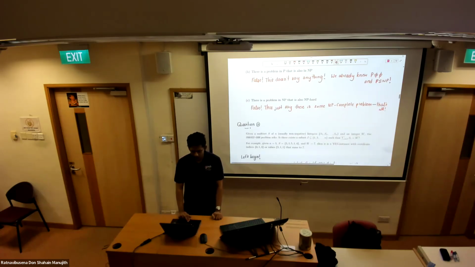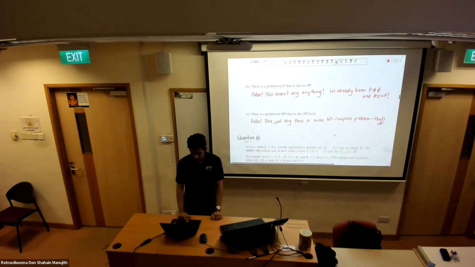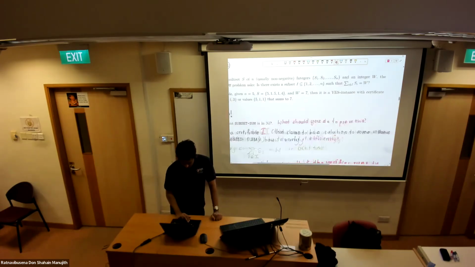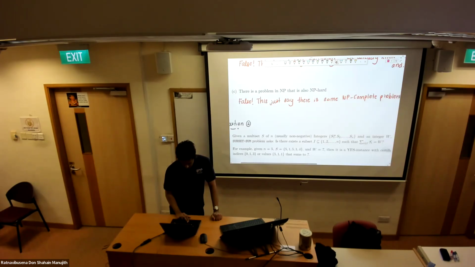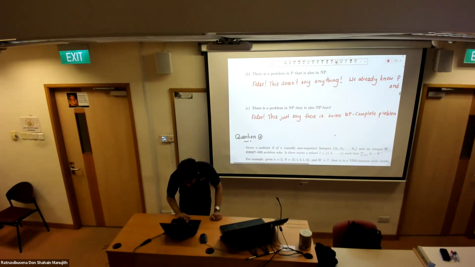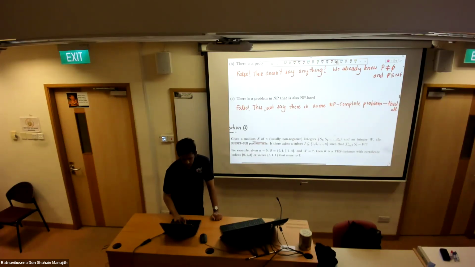Now let's come to the important question. Question number 2. Given a multiset S of n non-negative integers, S1 through Sn, and an integer W, the subset sum problem asks: does there exist a subset I of indices from 1 through n such that these integers sum up to W?